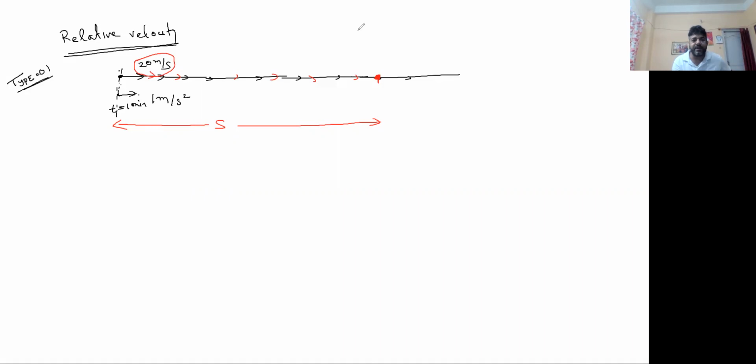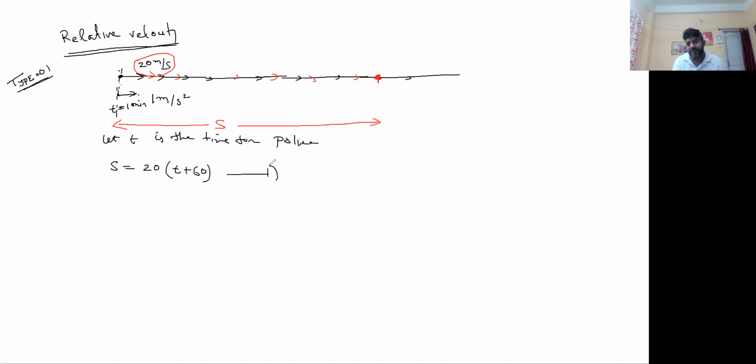So let t be the time in seconds for the police. Distance traveled by the thief is 20t plus 60.